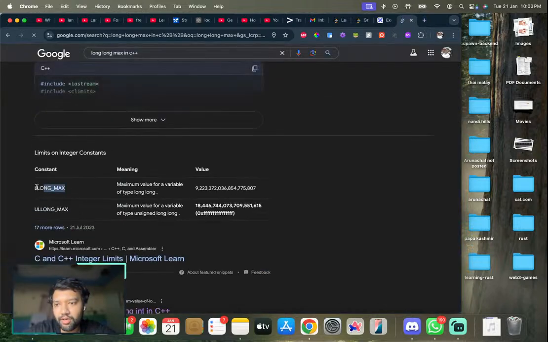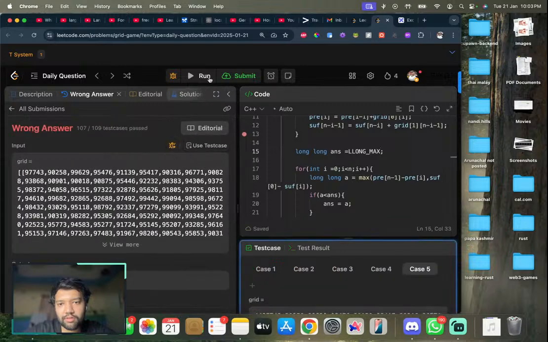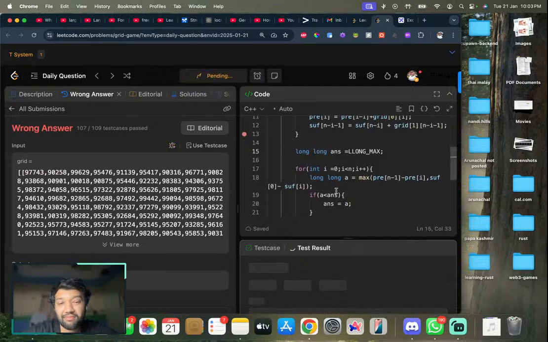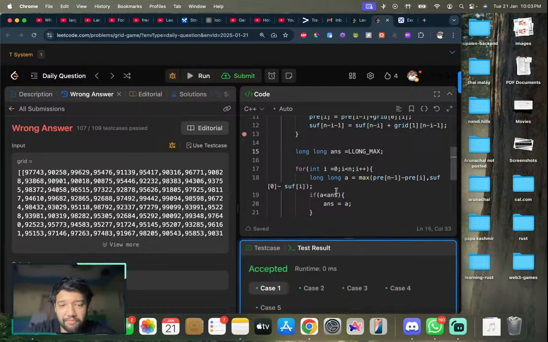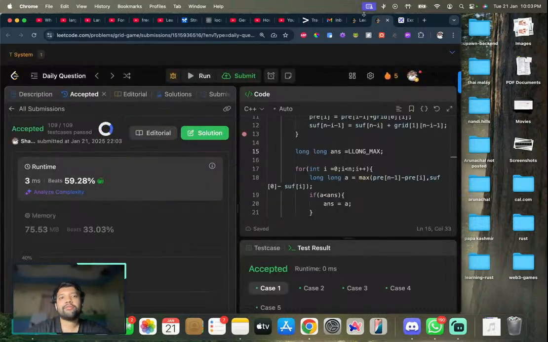A long max. This will fix this issue. Let's submit. Yup, we have this.